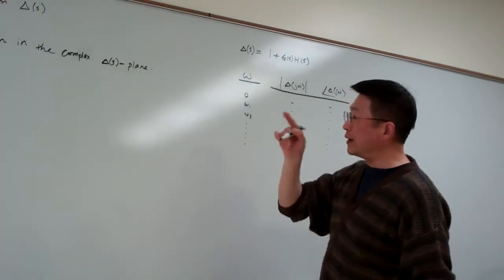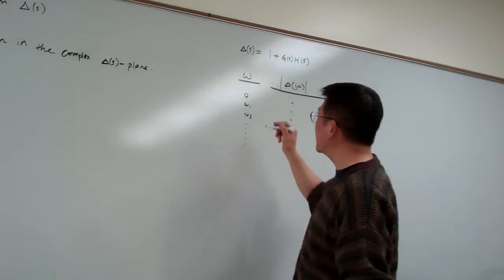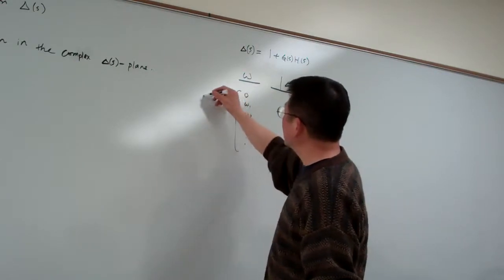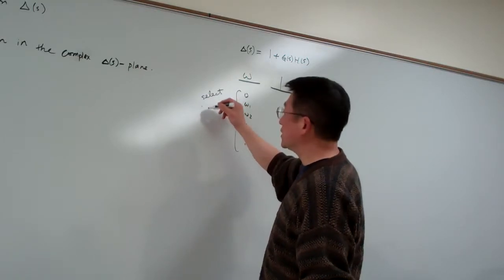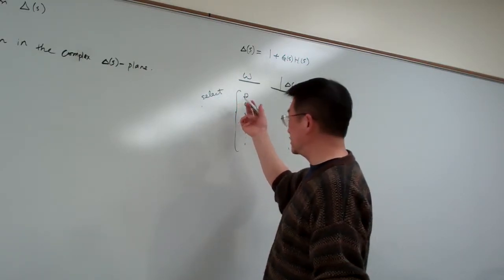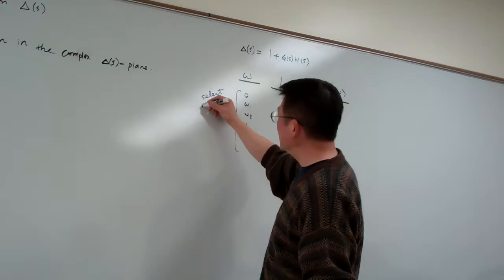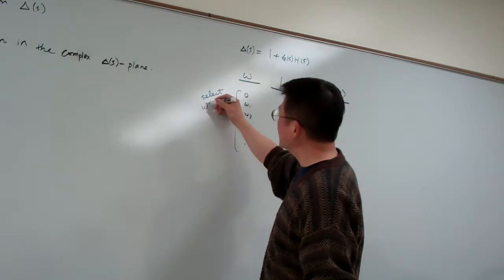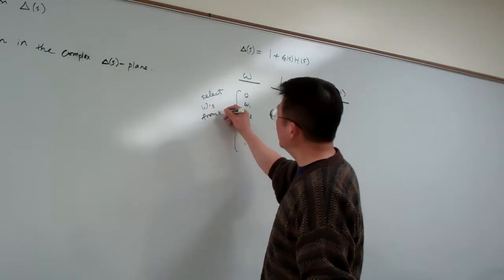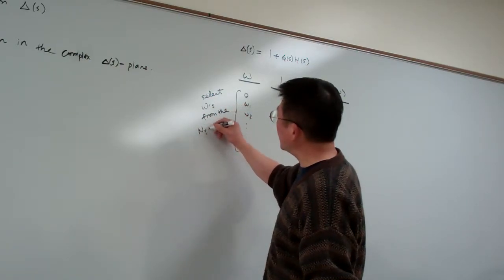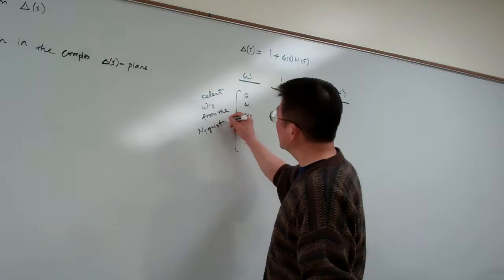Right now, for our application of the principle of arguments, you sample, you select the value of omega from the Nyquist path.